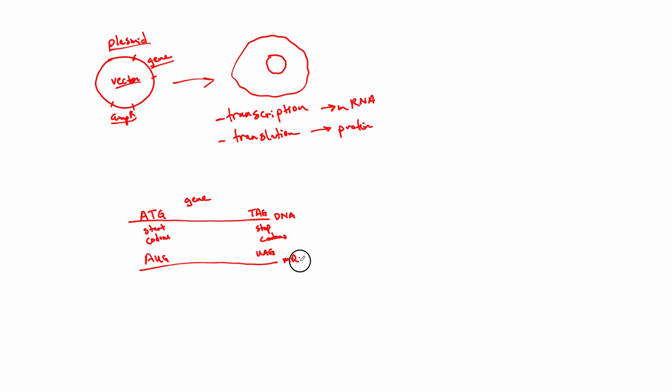Also keep in mind, I've just written one of many. There are actually 4 different possible stop codons. I can't remember all of them right off the bat right now, but I know another one is TAA.